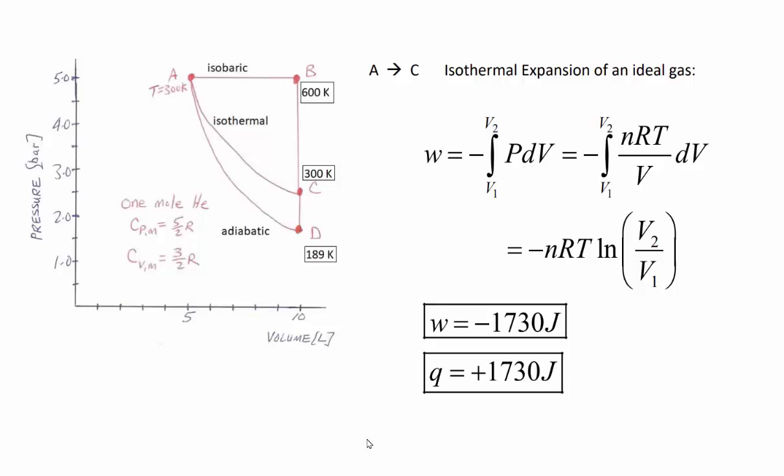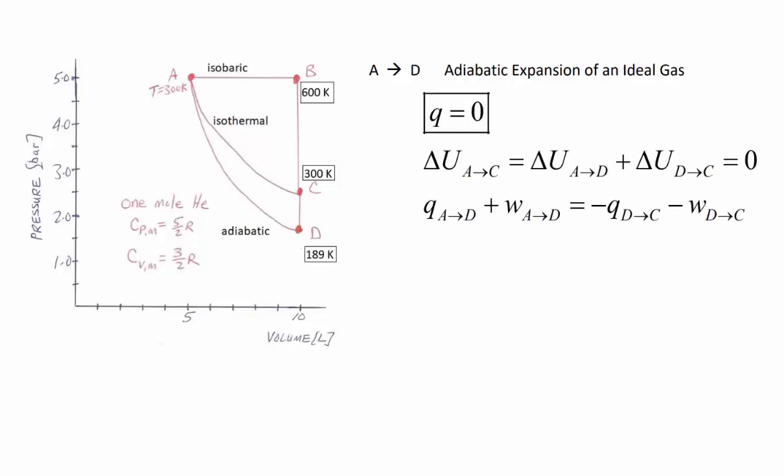Okay, let's move on to A through to D, the adiabatic expansion. In the adiabatic expansion, we have, by definition, Q is 0. So we only need to evaluate the work in going from point A to point D. We're going to make use of a thermodynamic cycle here first.